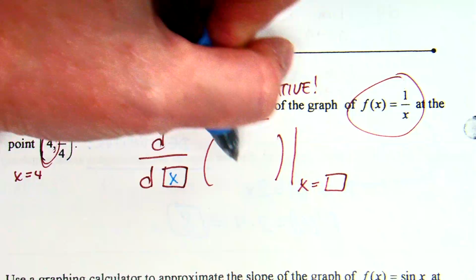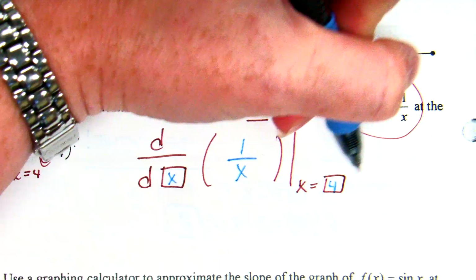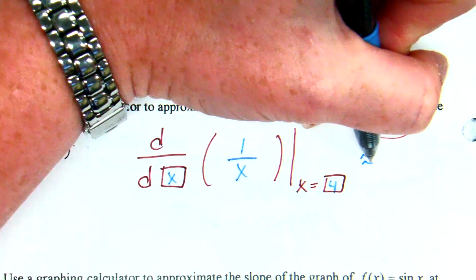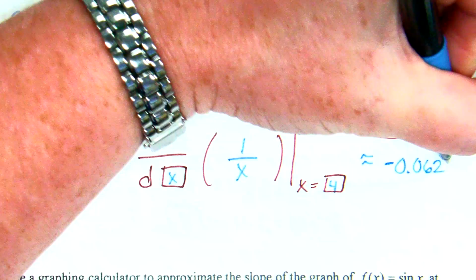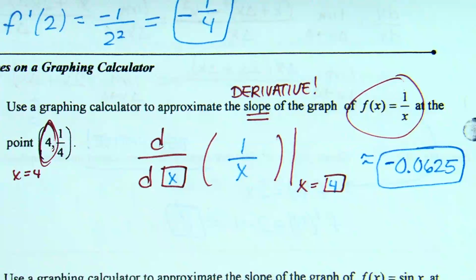It was d, box, parentheses. So we had to fill in d dx, we had to fill in our function, and we had to fill in that it was at x equals 4. And what is this approximately equal to if we go 4 decimal places? Negative 0.0625.